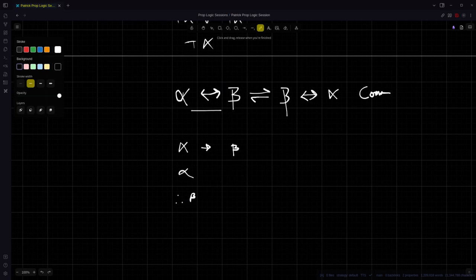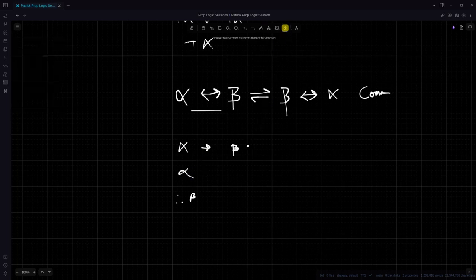But we know that alpha double implies beta, or alpha if and only if beta, is a conjunction of alpha implies beta and beta implies alpha. So let me show you what we can get from that.